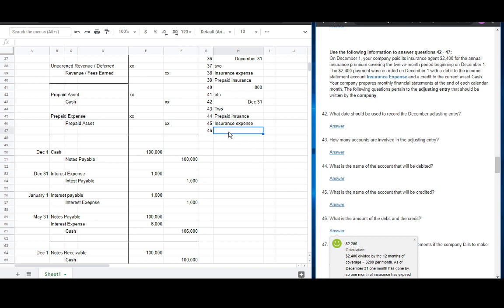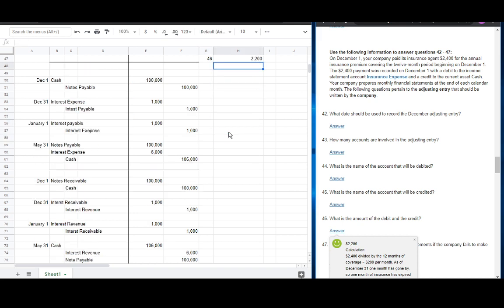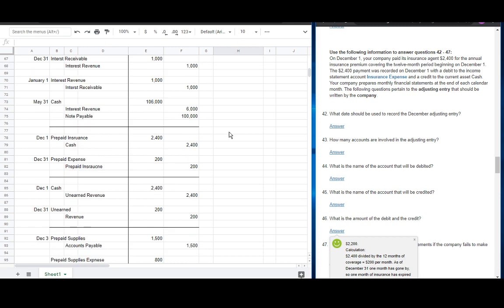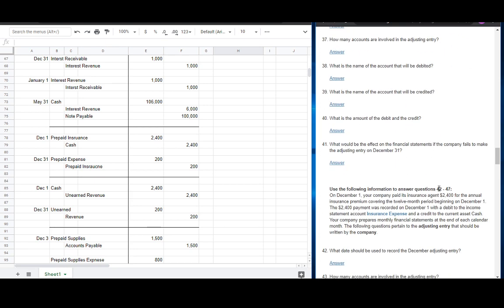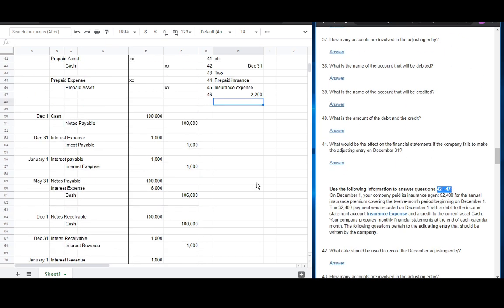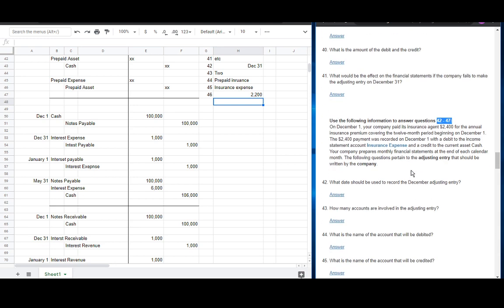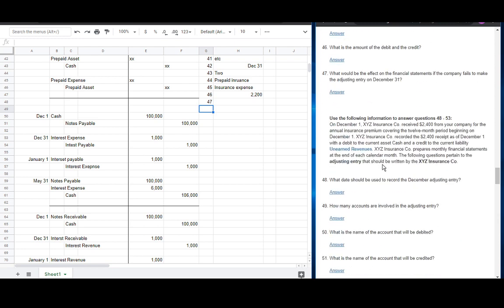It is 2. So what's the difference here from 36 to 41? Here, we recognize the expense first. Then we proceed in recognizing the asset after. Let's proceed to number 47.